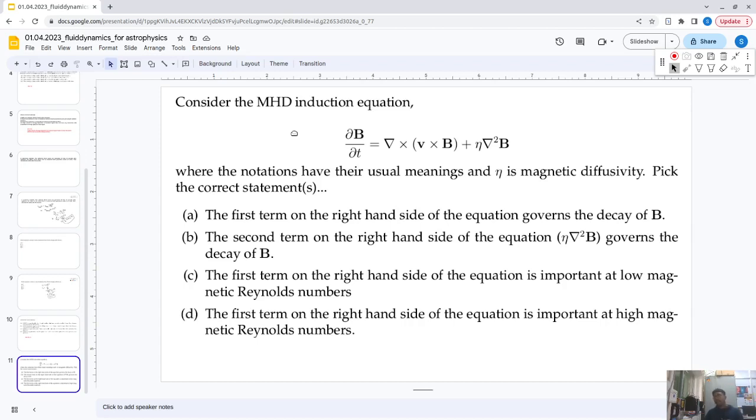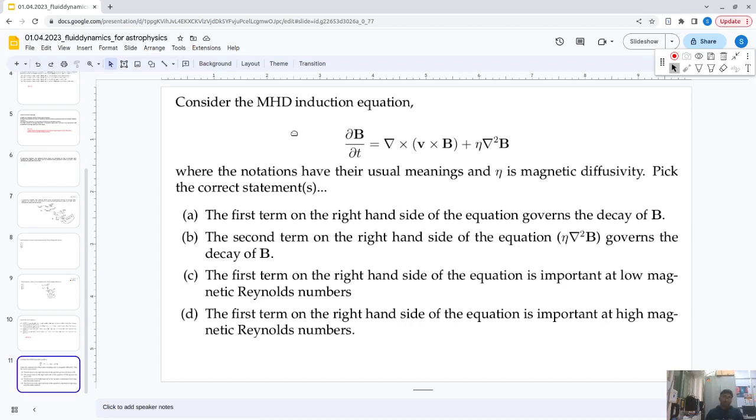Now the second term is saying that if grad square B is quite high and eta is quite high, there are two options: either eta is very high and grad square B is non-zero, or eta is not that high but grad square B is quite high. What does it mean when grad square B is quite high?